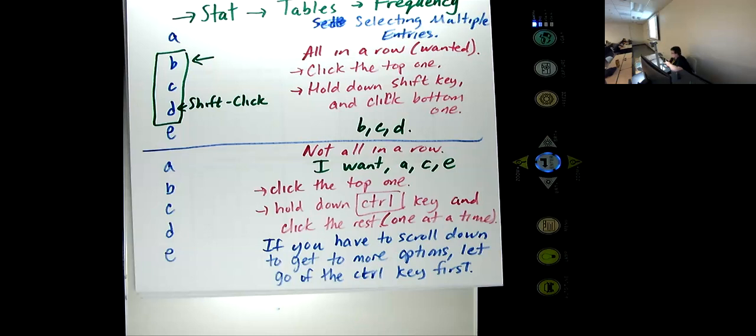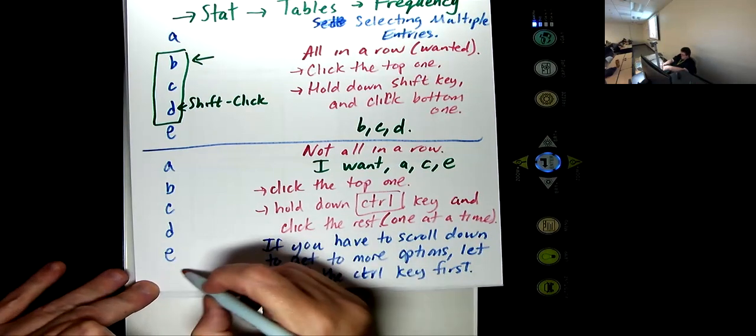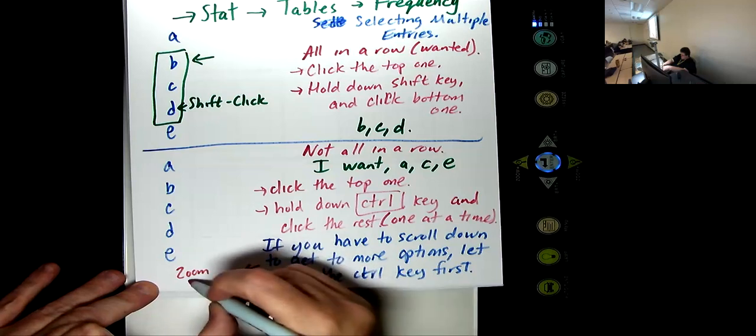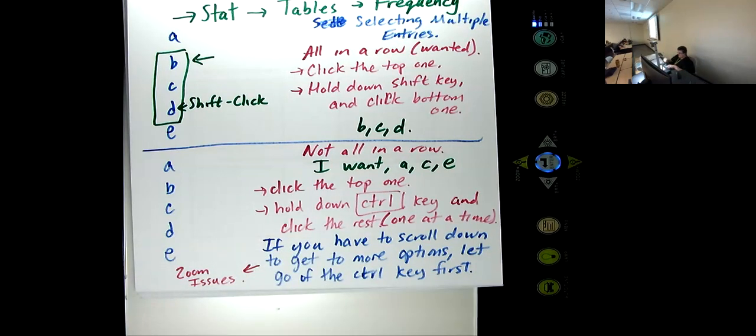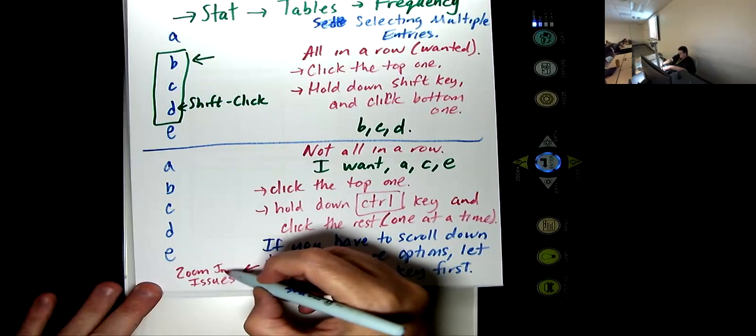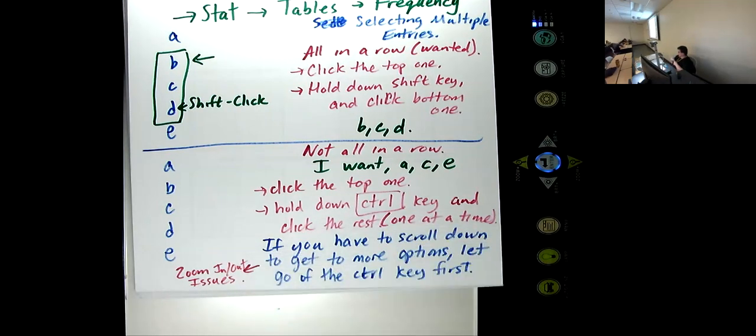You could fix it if you hold down Control and hit plus or minus, but this causes zoom issues, zooming in and out, I should say. I'm not talking about the video service.